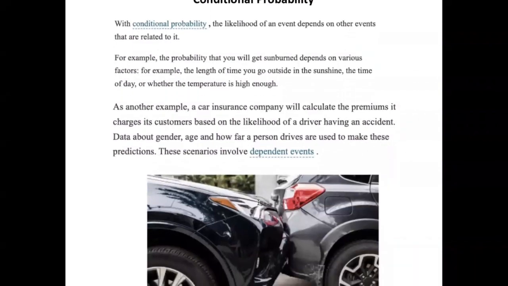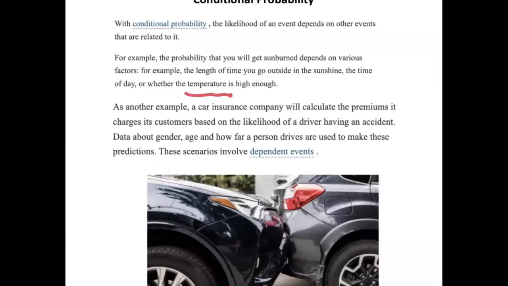For example, the probability that you will get sunburn depends on various factors. It depends on the length of time you go outside in the sunshine. So you getting a sunburn depends on the length of time you are outside your house. It depends on the time of the day as well, because we know that right in the afternoon when the sun is right above you, that's when you feel extremely hot.